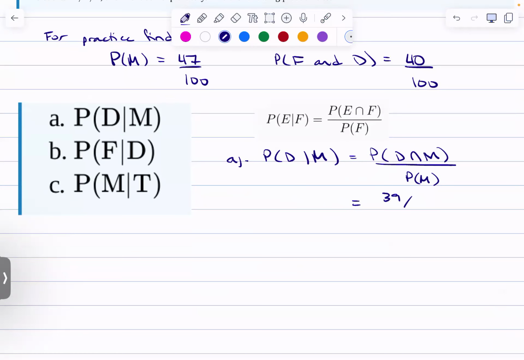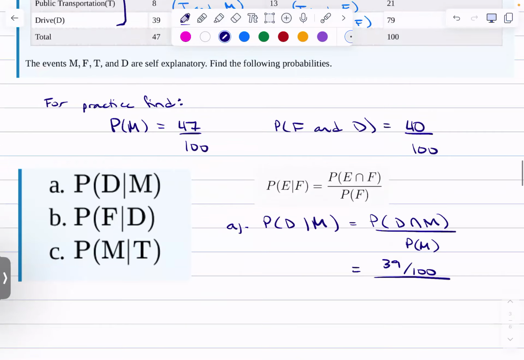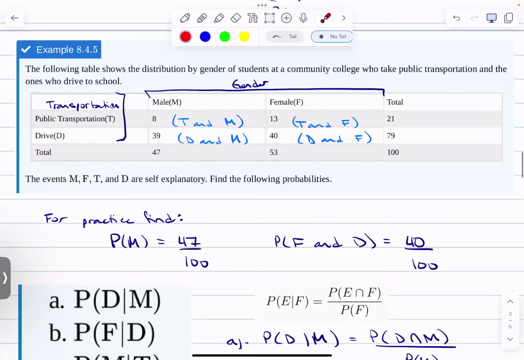So 39 out of 100, then divided by the probability of males. Now the probability of males, we found earlier, but let's do it again just for practice. The probability of a male, regardless of how they got to school, is 47 out of 100.